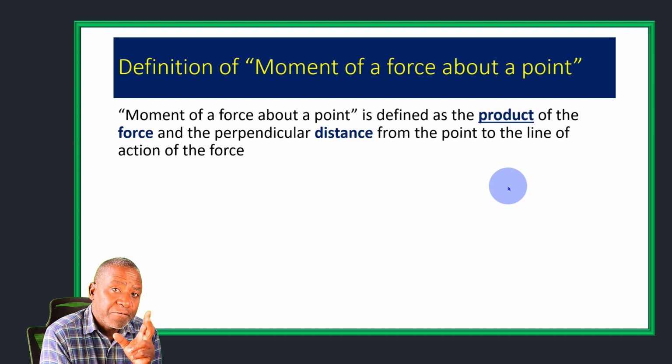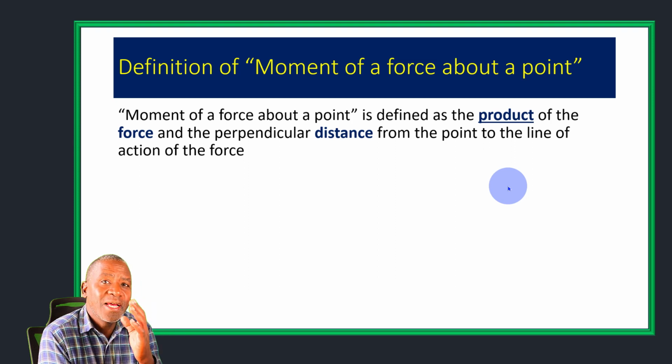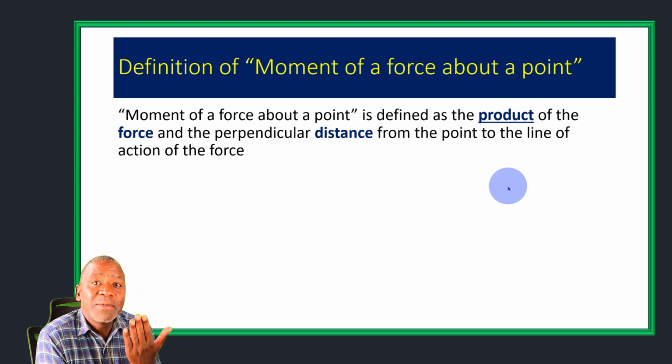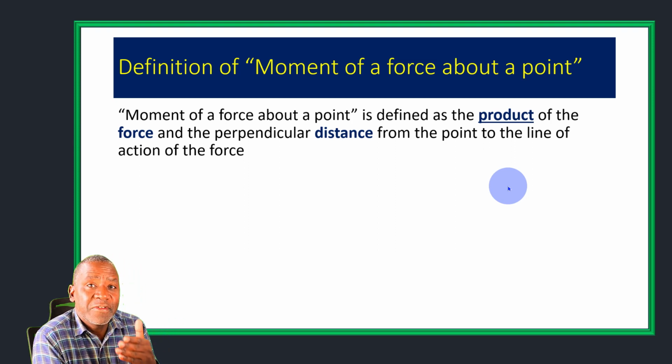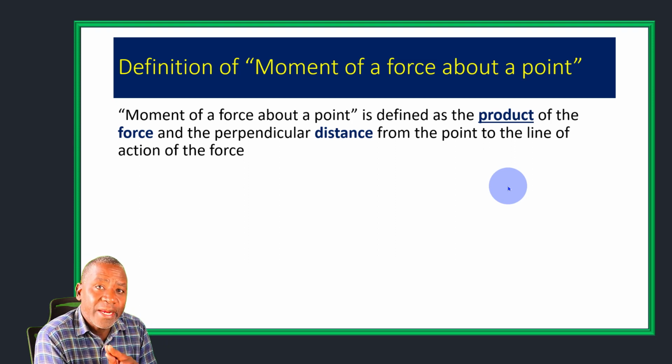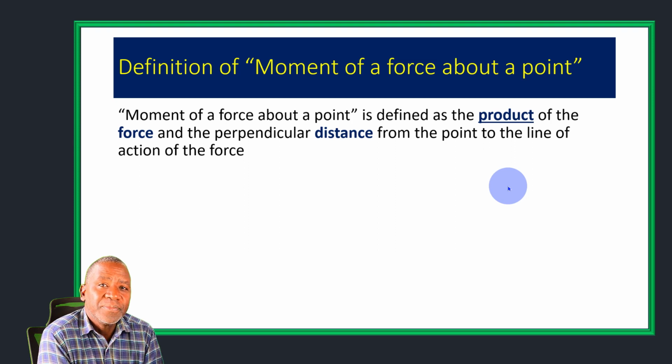Remember, derived physical quantities are those physical quantities which can be obtained from other physical quantities by either multiplication or division. If I go back, when you studied pressure, pressure is a derived physical quantity. It was obtained by dividing the force and the area on which the force is acting.